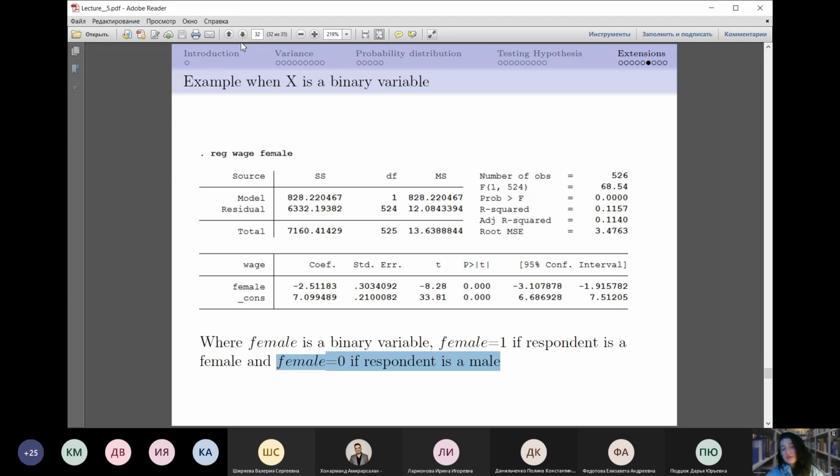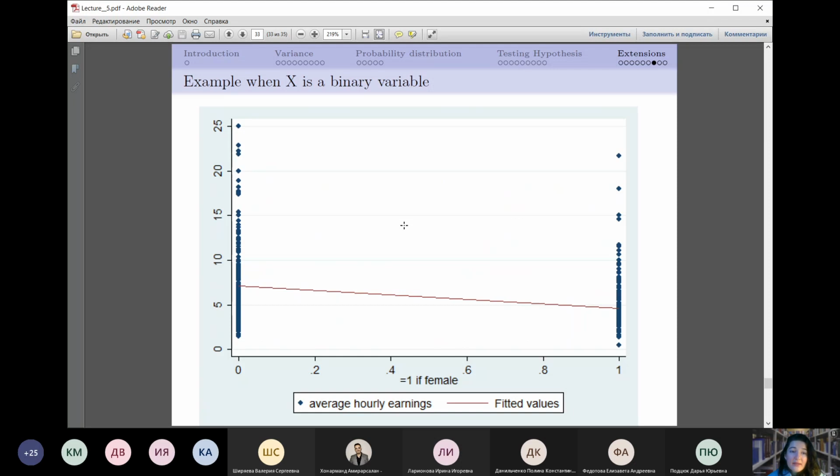So let's try to visualize this example. Because our x variable consists only of two values, 0 and 1, we can visualize it like this. We can see some observations when the x variable equals 0, and some observations when the variable equals 1.